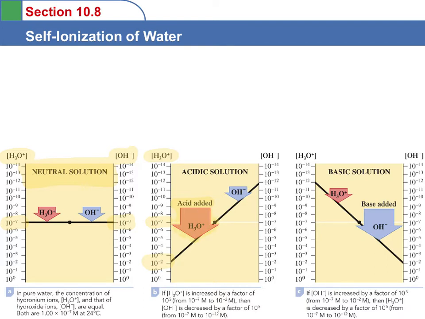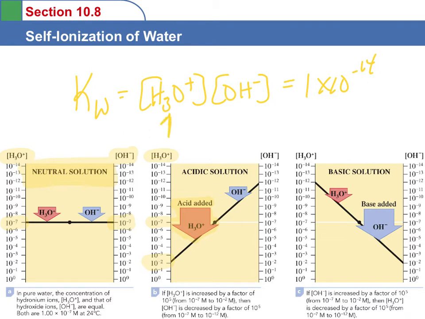By doing that, if I want to keep that Kw equation true, if I make this H3O+ number bigger, and I still have to equal 1 times 10 to the negative 14th, the hydroxide concentration must go down. And if I make the hydronium up to 10 to the negative 2nd, the hydroxide has to go down to 10 to the negative 12th. Because there's more hydronium than there is hydroxide, this is an acidic solution.